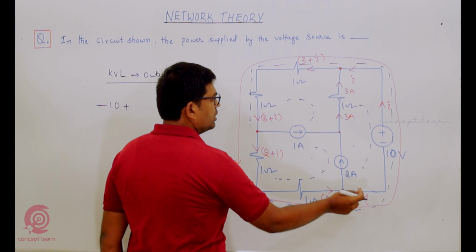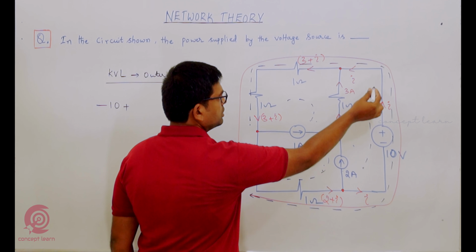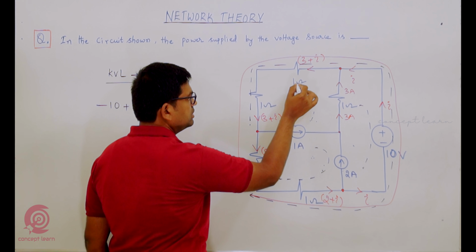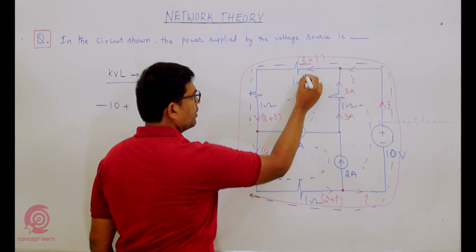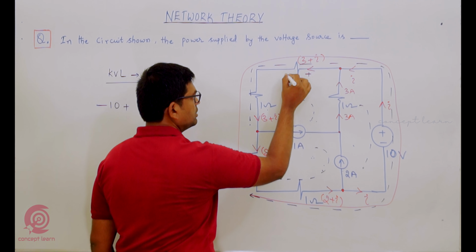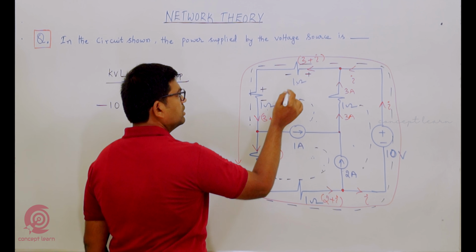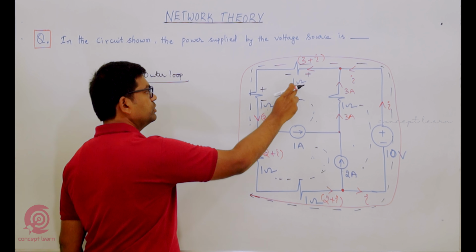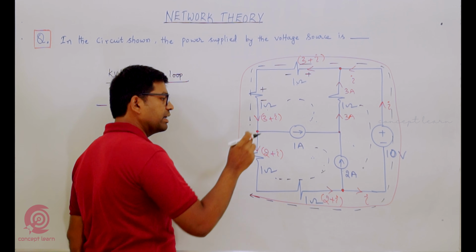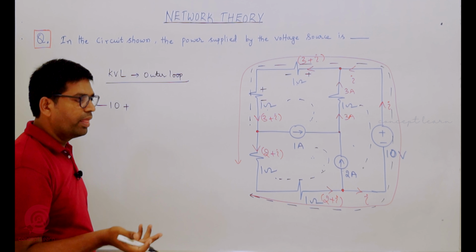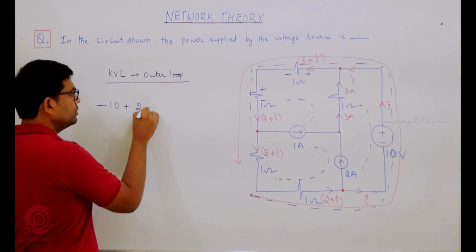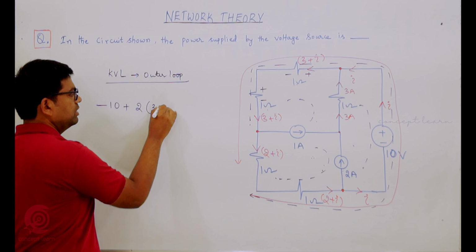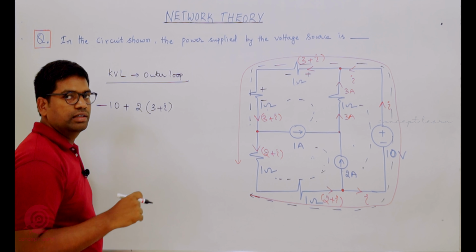So this is the voltage we know. Again, if you choose this outer path, these two resistances come, and this is the direction we are taking. Resistance is a passive element, so there will be a drop. 3 plus I is flowing through these two 1 ohm resistances, both connected in series. You can add directly 1 plus 1 is 2, both carrying 3 plus I only.